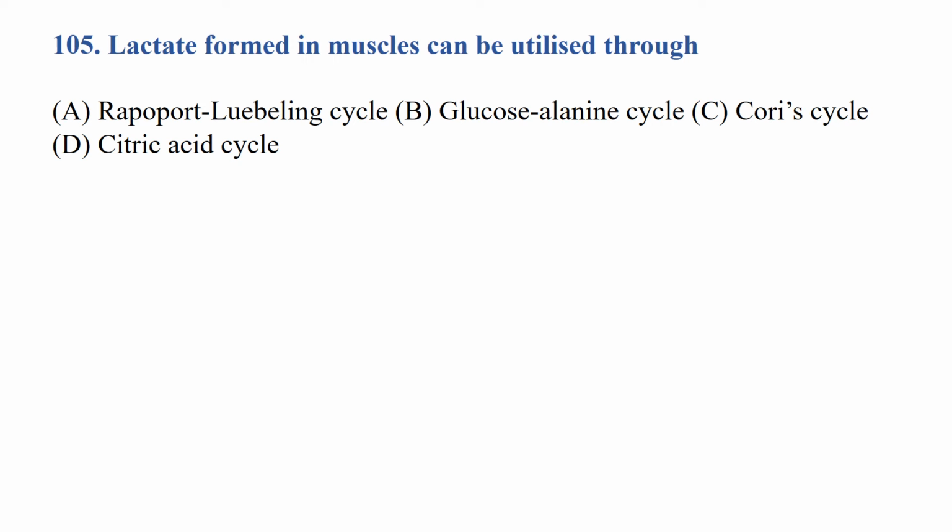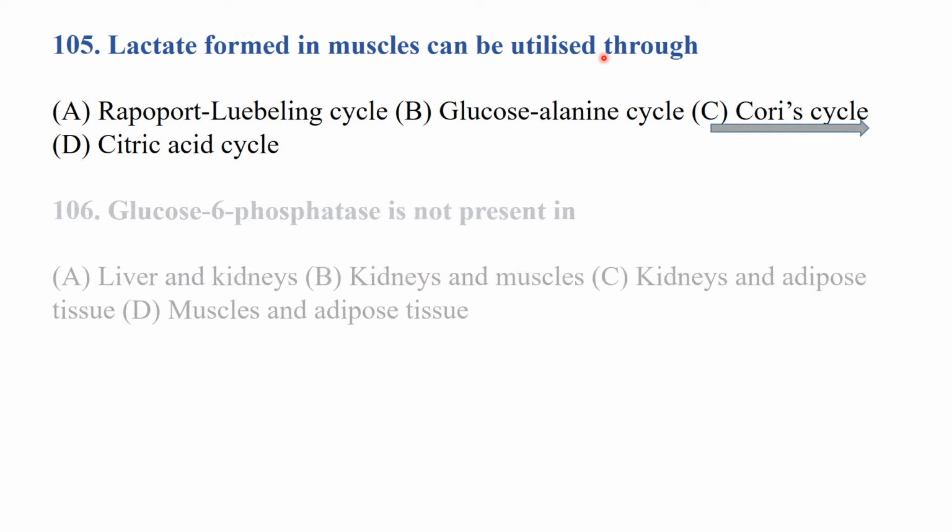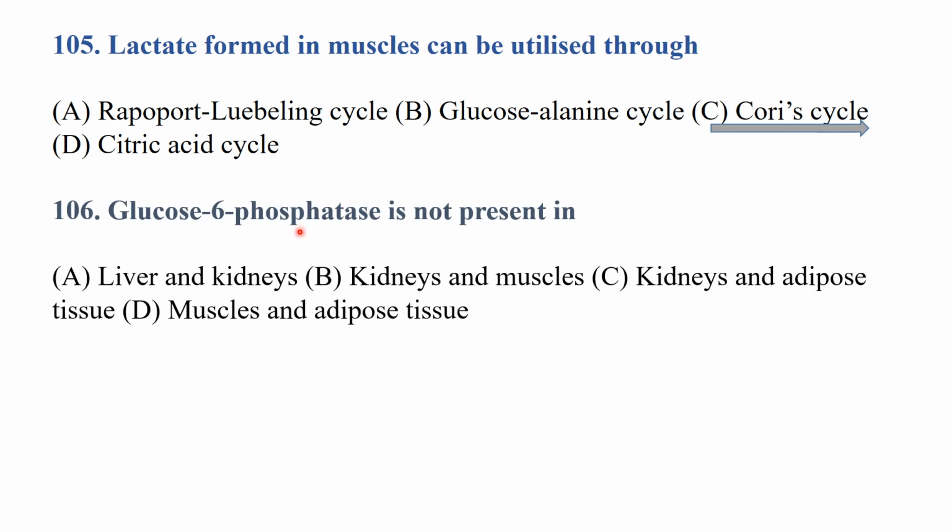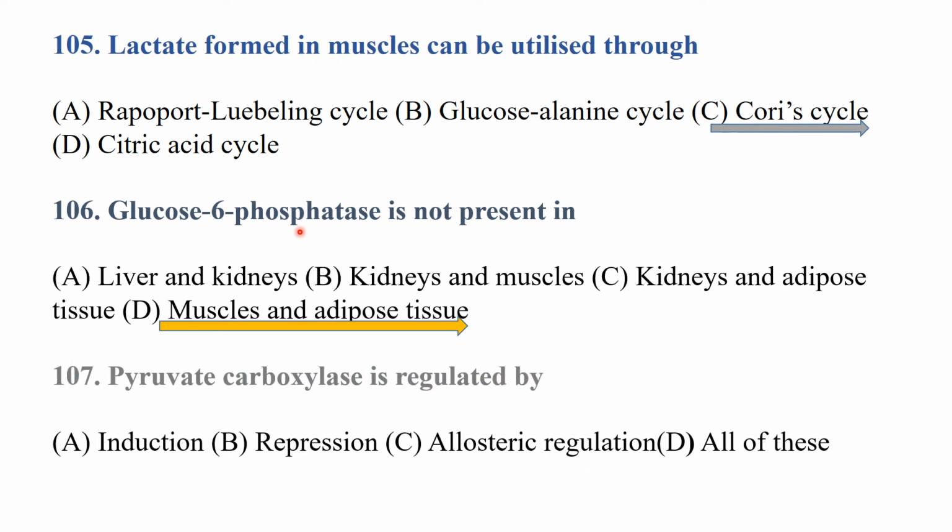Lactate formed in muscles can be utilized through the Cori cycle. Glucose 6-phosphatase is not present in muscles and adipose tissue. Pyruvate carboxylase is regulated by all of these.